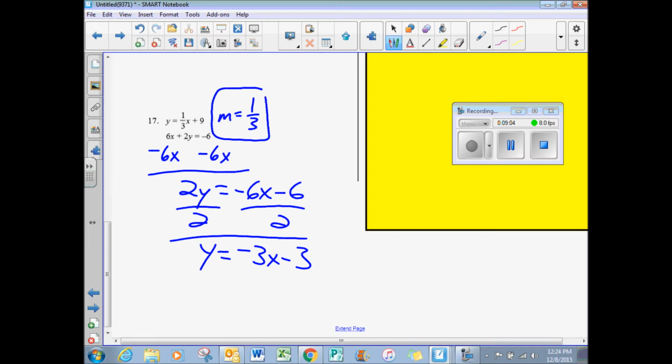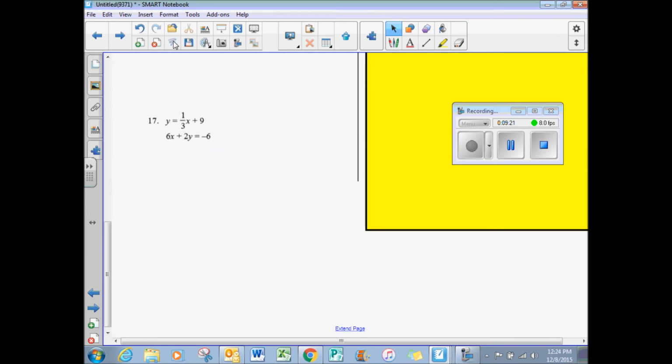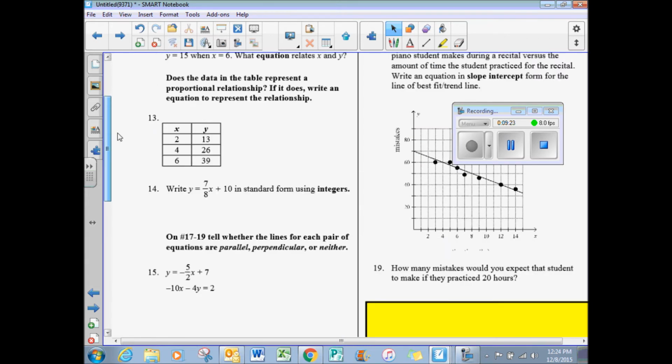Is this and this, my slope of my other line, are these opposite signs and reciprocals? Yeah. Oh, that means they're perpendicular. So far, so good. Not too bad, right?